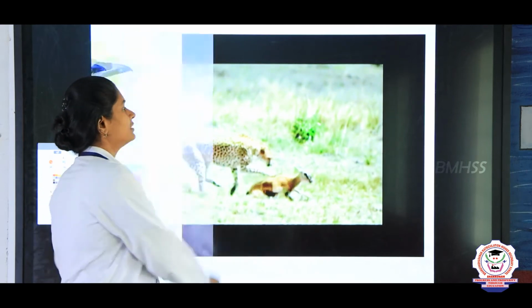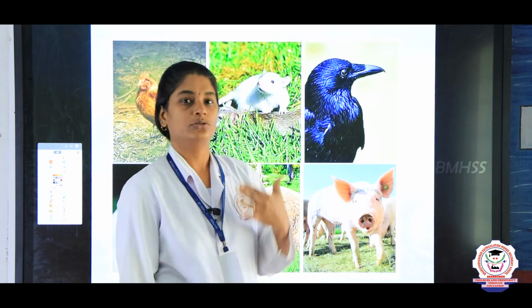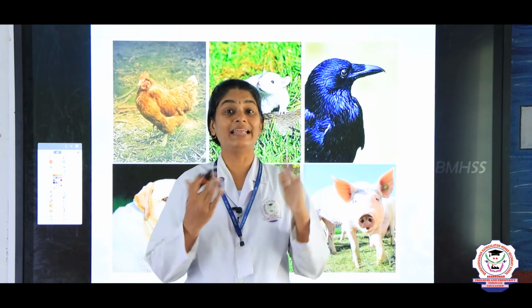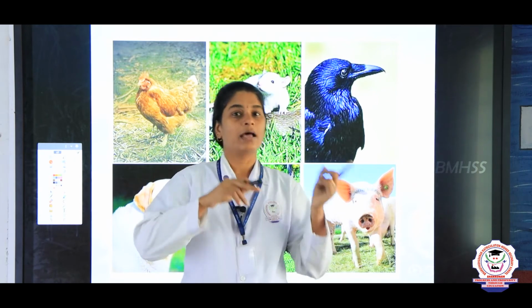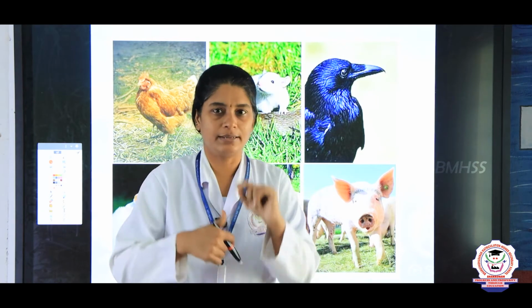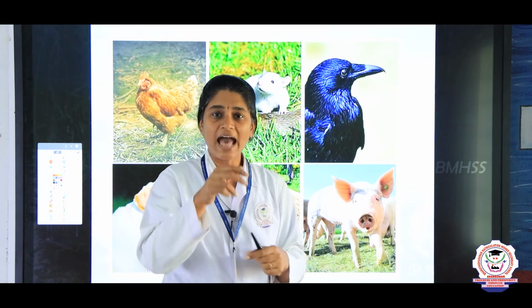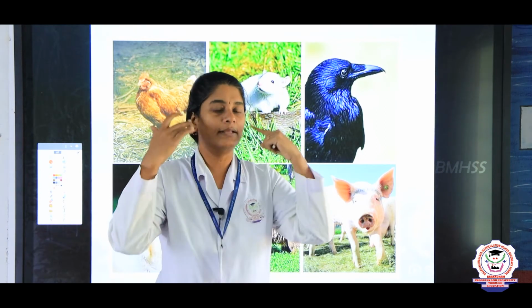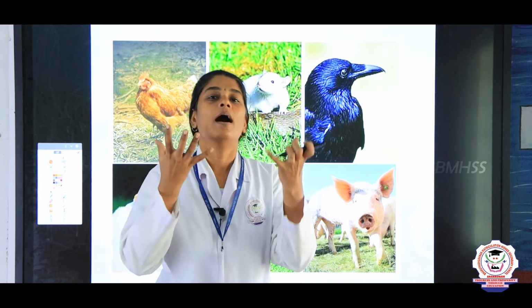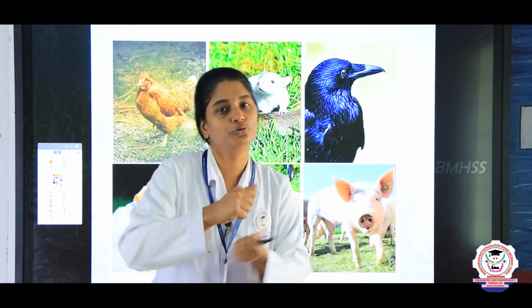The third set of animals are omnivores. Omnivores eat both plants or the parts of plants as well as the flesh of other animals. They also have very sharp front teeth, and at the back of their mouth they have very broad, strong teeth to chew the food.